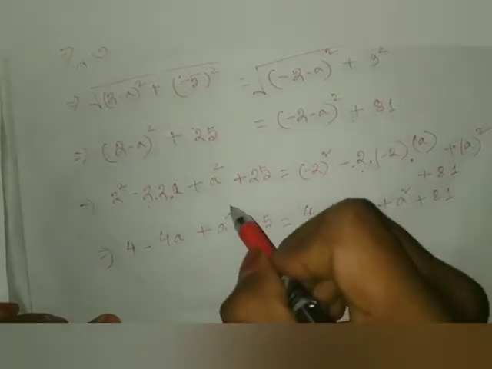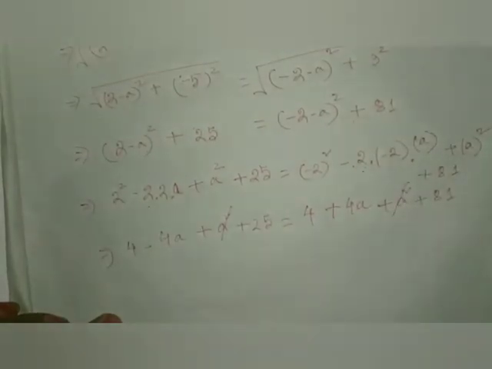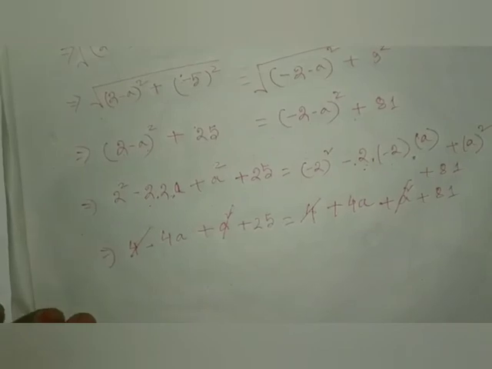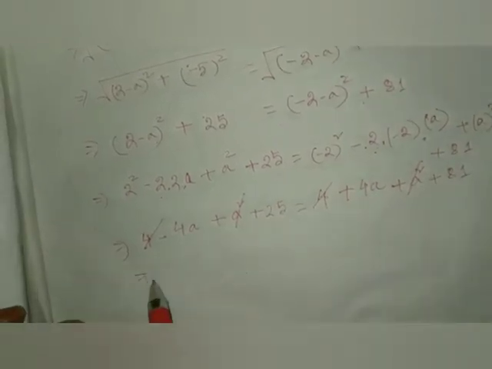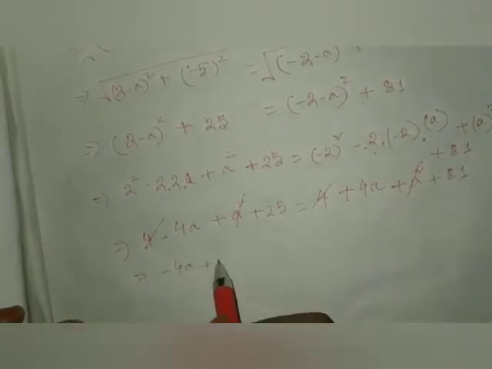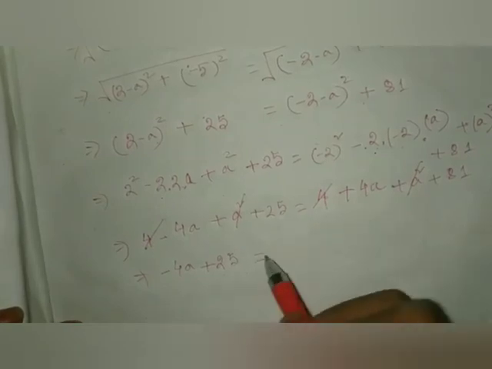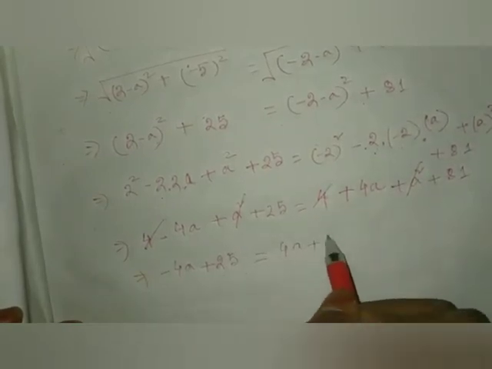So a square and a square can be cancelled, 4 and 4 can be cancelled. Now what terms remain here? Minus 4a plus 25, and here 4a plus 81.